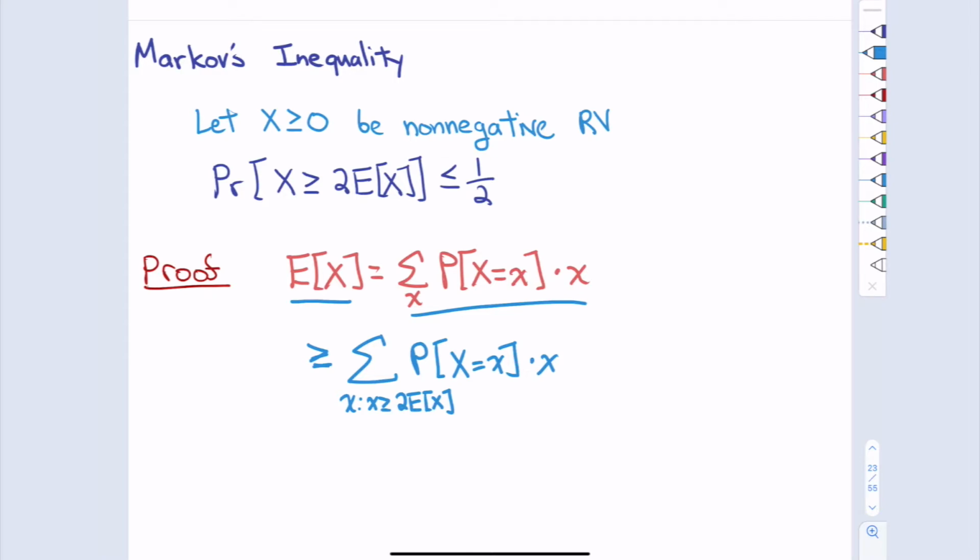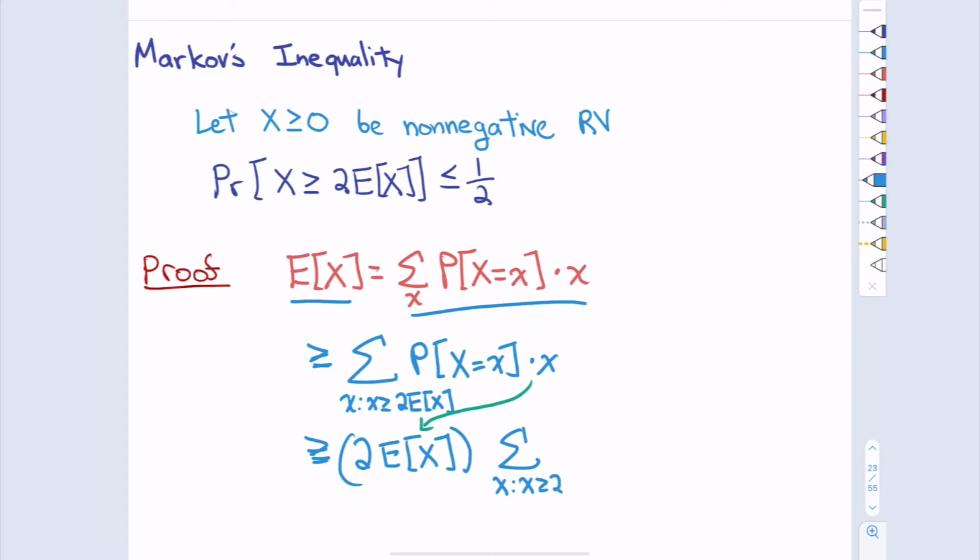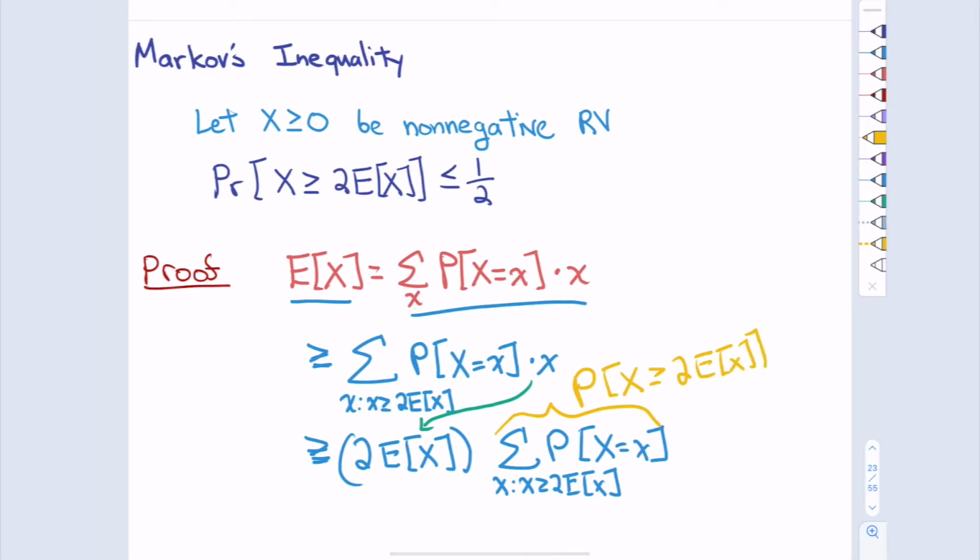And if I restrict myself to this sum, then I know that all the values are greater than 2 times the expected value of X. So I can pull this out. And then if I look at the remaining sum, it is summing over all the values that are greater than twice the average, summing up their probabilities, which all put together is the probability that our random variable is at least twice the average.